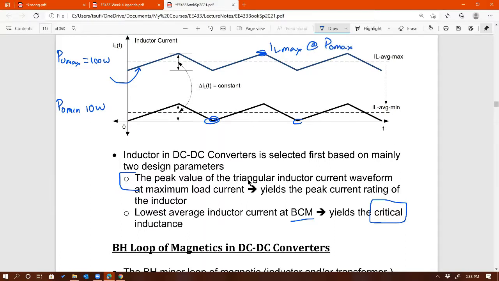So two things there: IL min at P out min, which gives us the critical inductance, and IL max at P out max, which gives us the peak rating of the inductor, right?